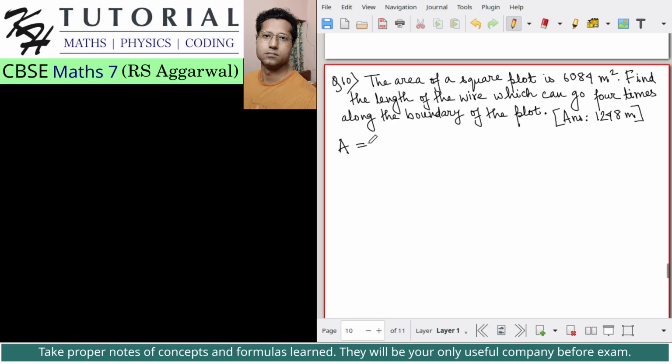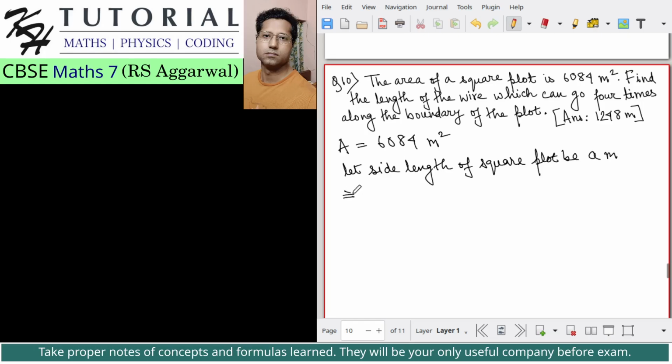So area A is given to be 6084 meter square, which is also equal to, let the side length of the square plot be a meter.